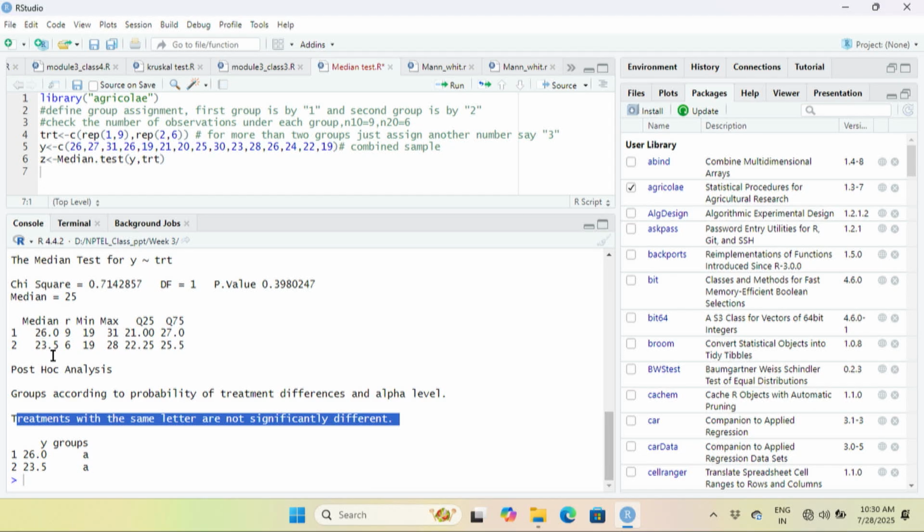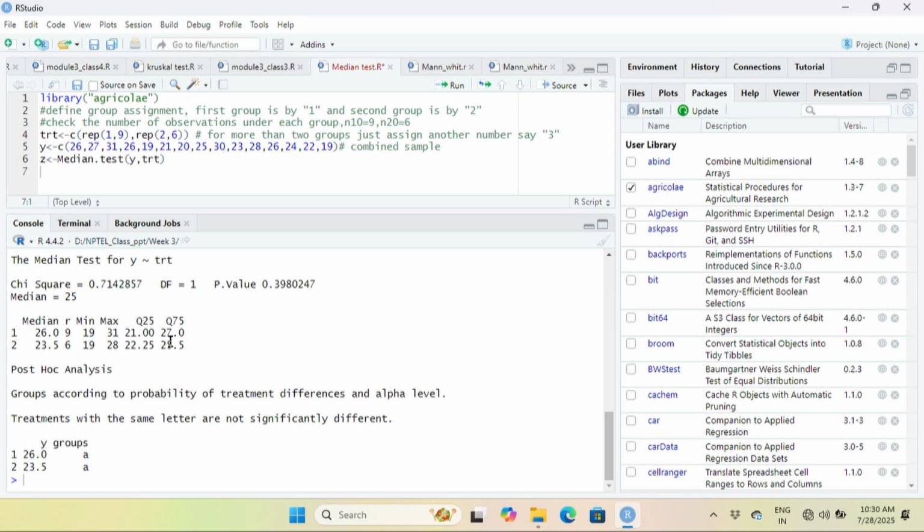Second group median is 23.5. Even though we are writing A and A, although we have 2 separate groups, they are basically coming from the same population, and that's why it is denoted as A and A. It is referring back to the same population.